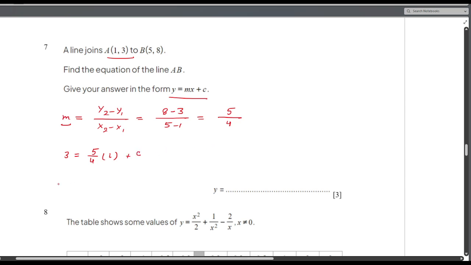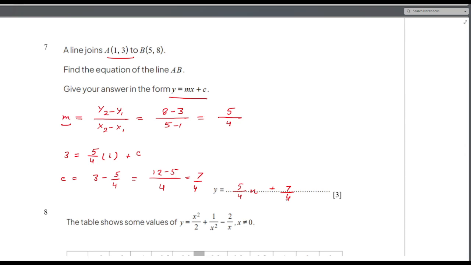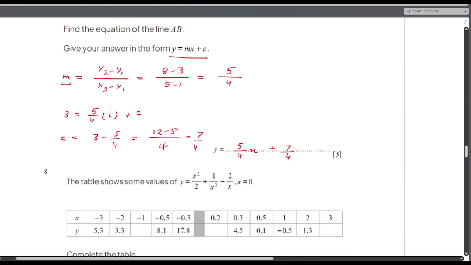Okay, this gives you the value of c as 3 minus 5 divided by 4, which is 12 minus 5 divided by 4. 12 minus 5 is 7, 7 divided by 4. So my y is equal to 5 divided by 4 x plus 7 upon 4. This is y. y equals 5 upon 4 x plus 7 upon 4.